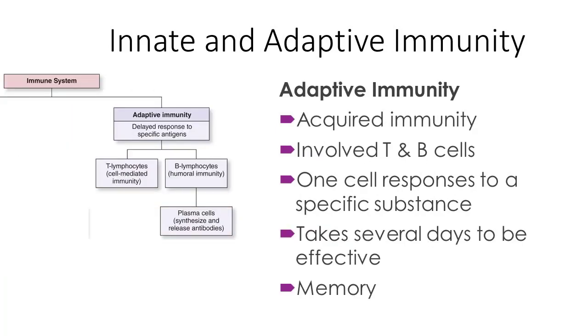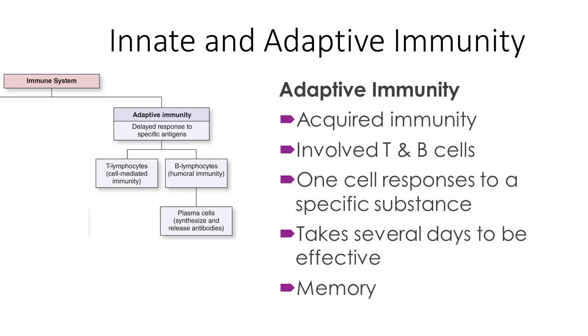The adaptive, as we've already said, is going to involve your B and T cells, and it's acquired, it's learned. You have to be previously exposed before this is really going to be activated. But the other thing is, for those specific pathogens, the adaptive immune system remembers. It remembers that pathogen, and when you encounter it again, it's going to give an even more robust response to eliminate that pathogen.